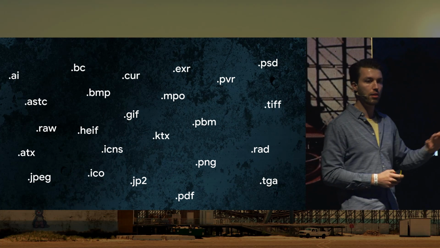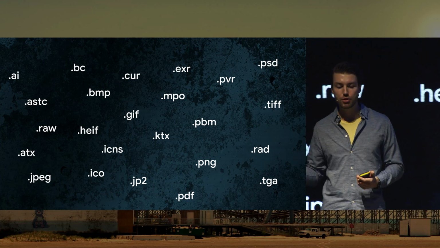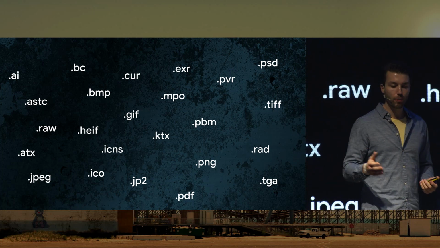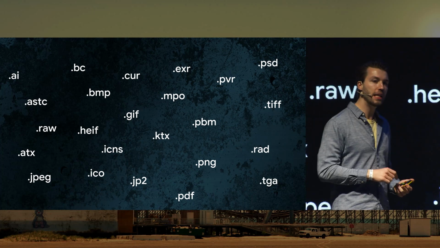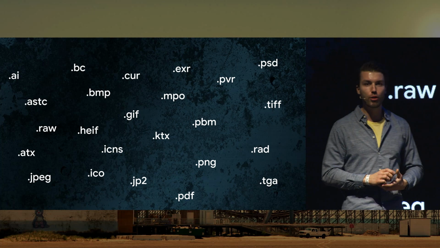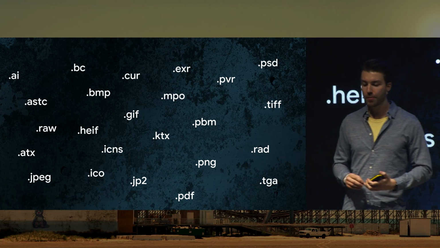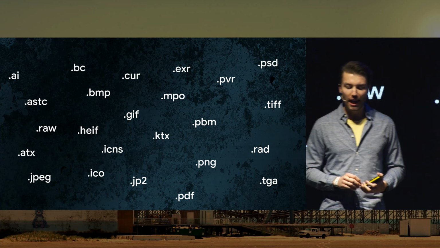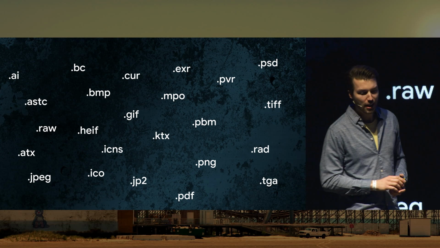You see the typical image formats, JPEG, PNG, and stuff. But just for fun, raise your hands if you know what .psd is, the top right. Okay, it's pretty good. So it's a Photoshop file. Raise your hands if you know what ASTC is. Okay, that's like one person.